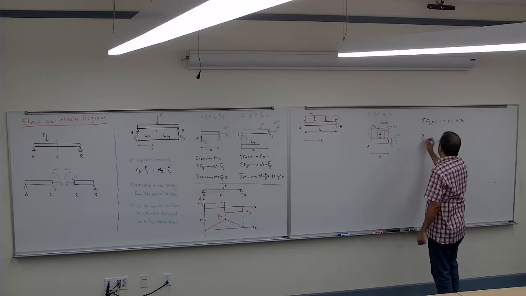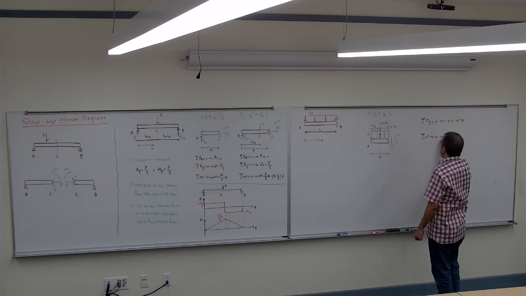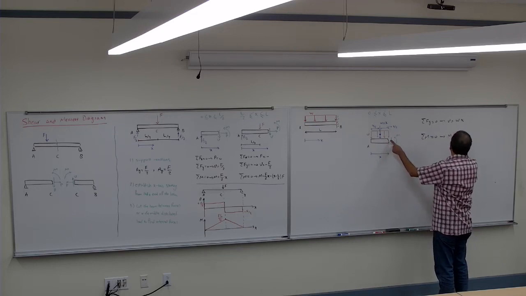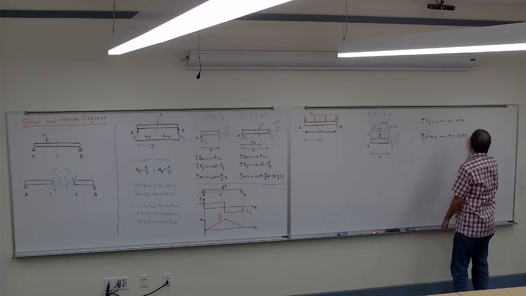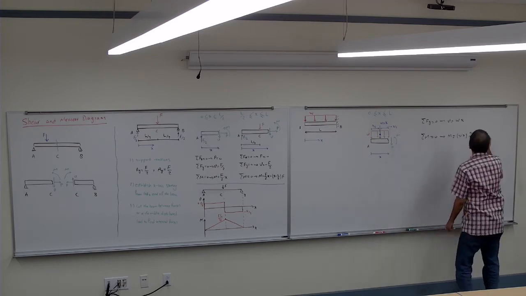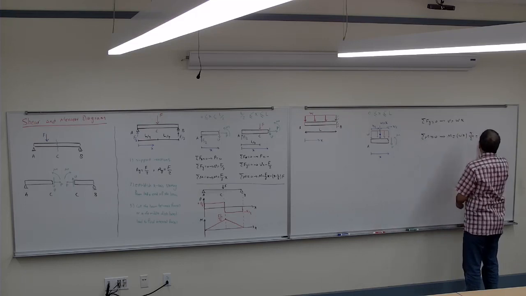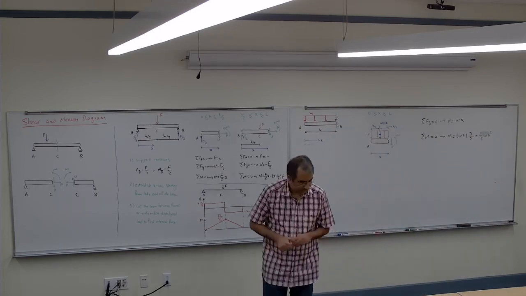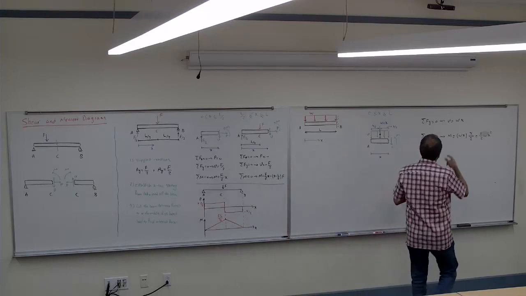If I write the sigma M is 0, usually about this point, so if I have the sigma M is 0, M would be Wx times half of X, so half of Wx squared. Sorry, the V would be negative.